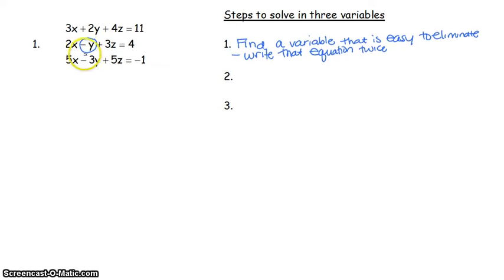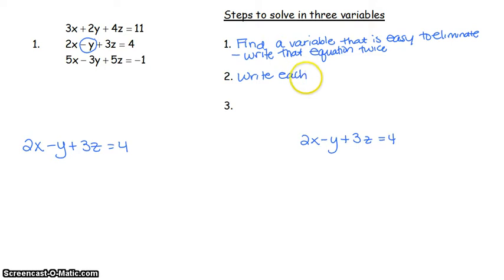You always want to look for a coefficient of positive or negative 1 because that's going to be the easiest one to cancel out. So we're going to write that second equation, 2x minus y plus 3z, 2 times: 2x minus y plus 3z is equal to 4. Now your second step is to write each of the other equations with the equation from number 1.